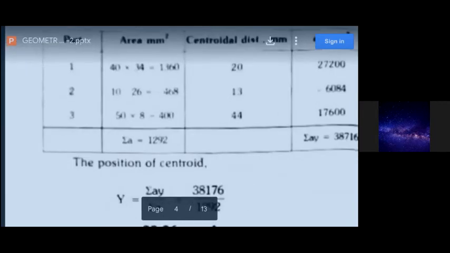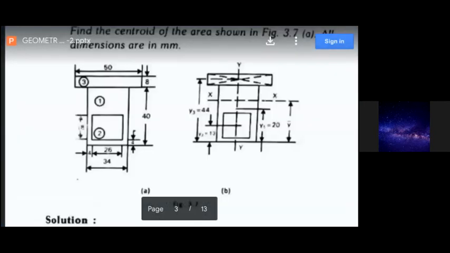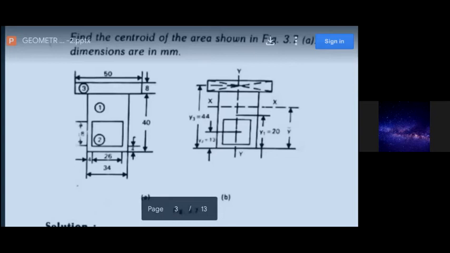So after that, find sigma A. Here we have to add the two parts, that is part A plus part B minus part A plus part C minus part B. So we can see here, we have to subtract part 2 from part A and next add part 3.